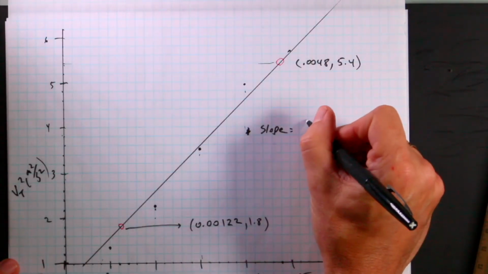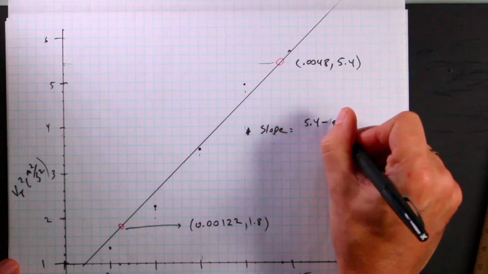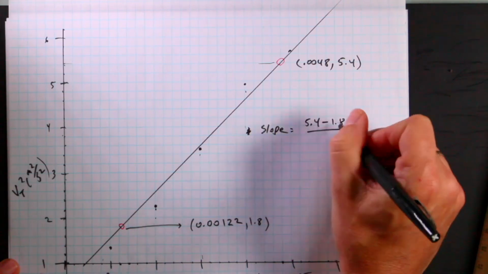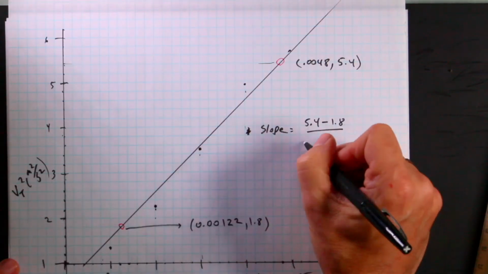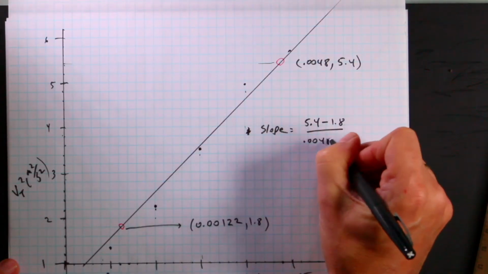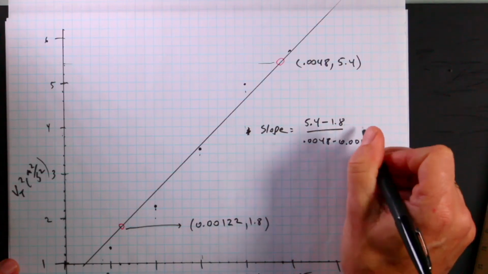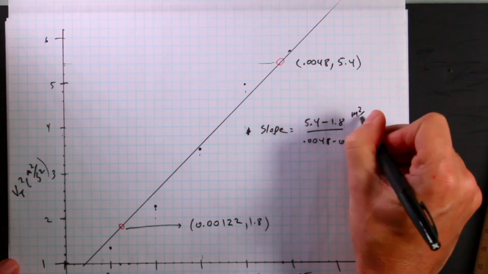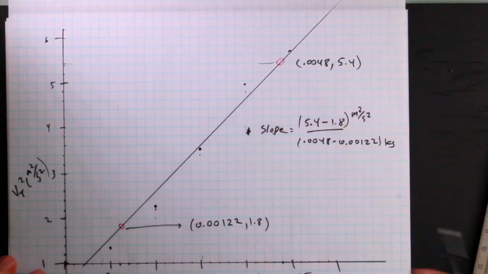So that's going to be 5.4 minus 1.8, all of that over the change from here to there. So that's going to be 0.0048 minus 0.00122. And this is in meters squared per second squared, and this is in kilograms. I mean, the slope does have units.